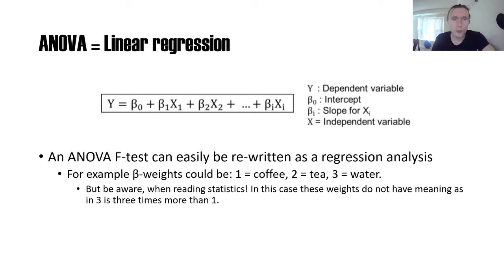Now, if you look at this formula, which looks quite complex, this formula is just a line between the two variables. So you have an x-axis and a y-axis, and then you can draw a line in there.